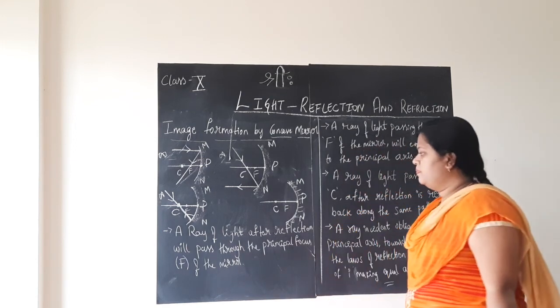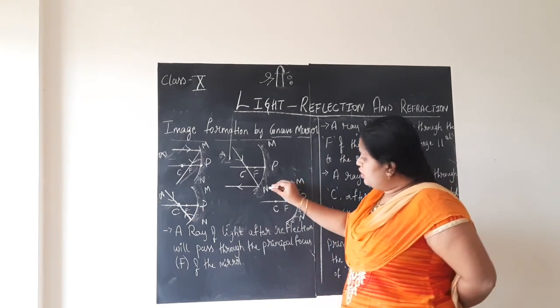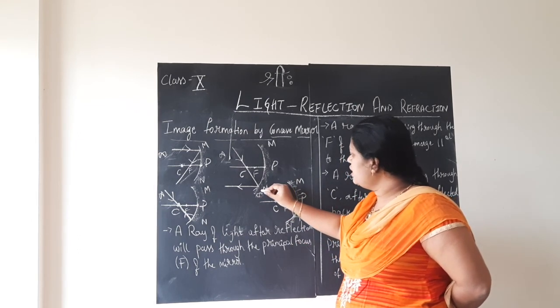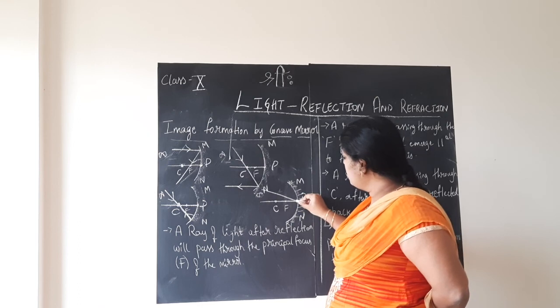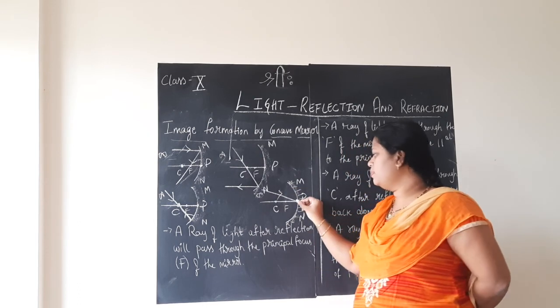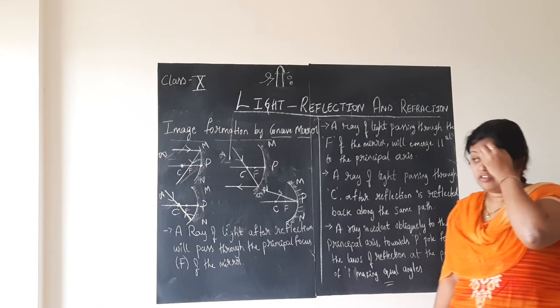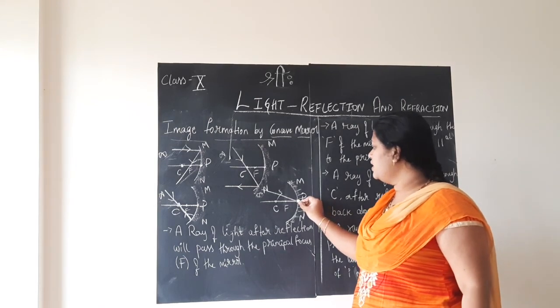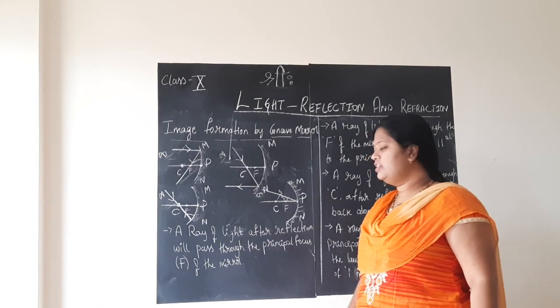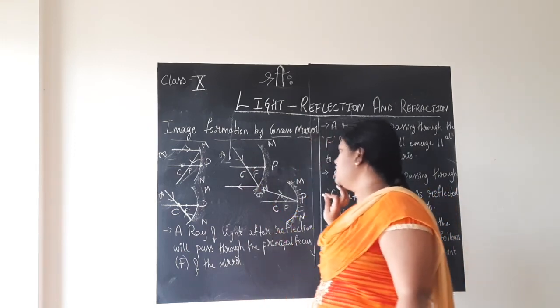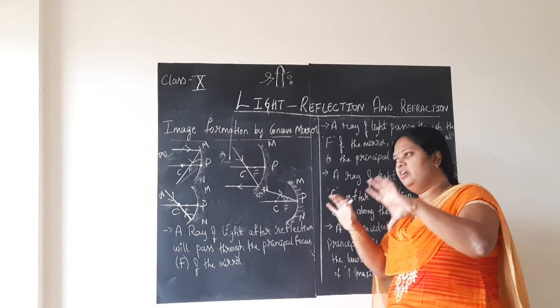Okay. Next, the light coming from the object at infinity, one of the rays will pass directly through the pole of the mirror. What will happen is, it makes an angle of incidence i. Everywhere, children, it will make some angle of incidence, which I will show you when we draw individual ray diagrams.